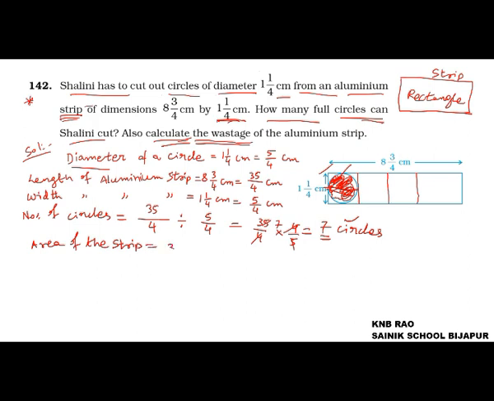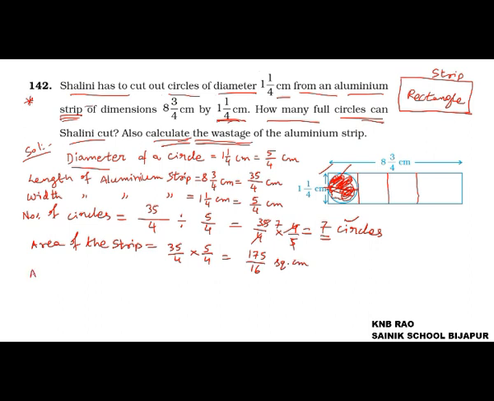It is 35 by 4 multiplied by 5 by 4, which gives 175 upon 16 square centimeter.